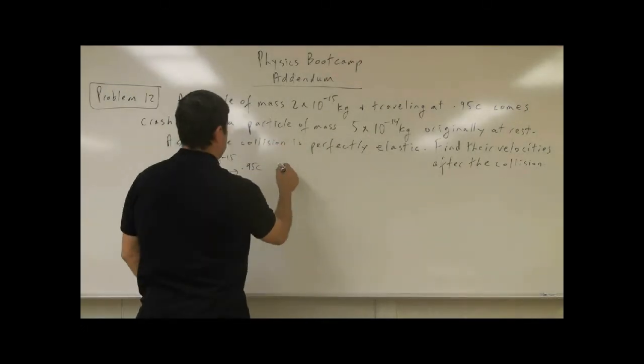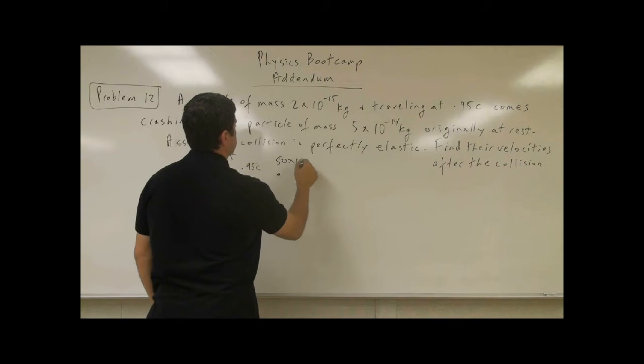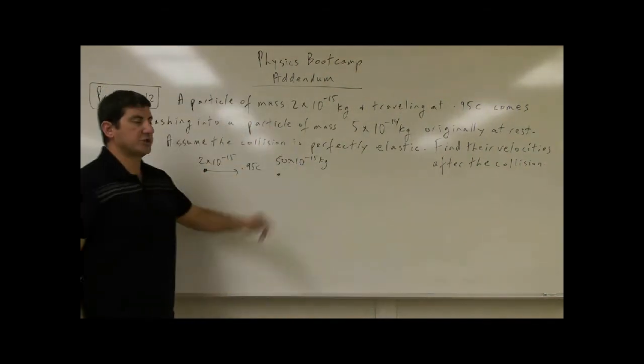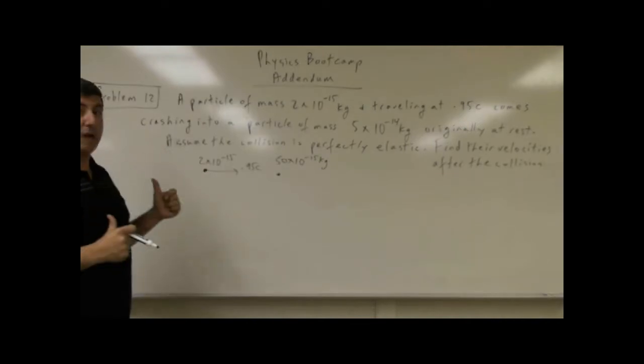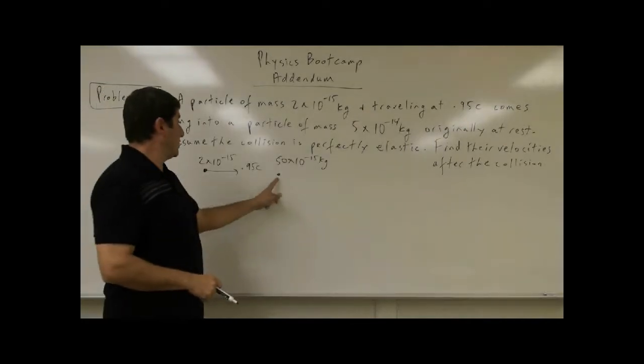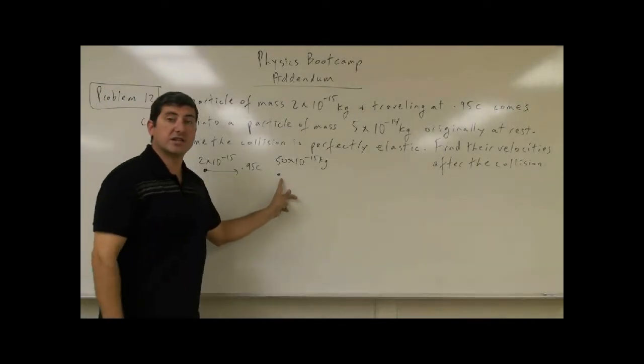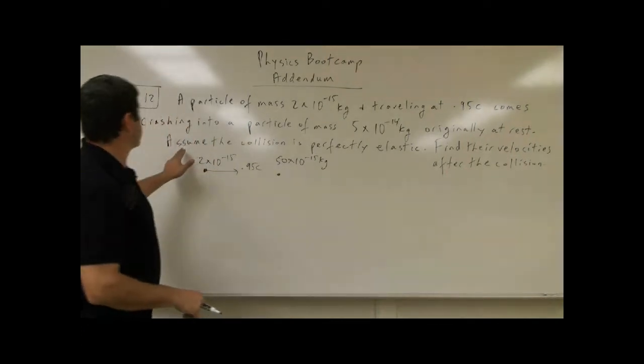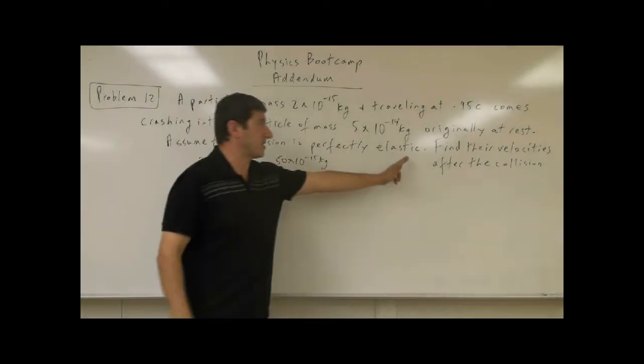So that would be what? 50 times 10 to the minus 15 kilogram, if you make it the same power, right? And then this one is originally at rest. In problem 10, we had the collision be perfectly inelastic. In this case, it says assume the collision is perfectly elastic.